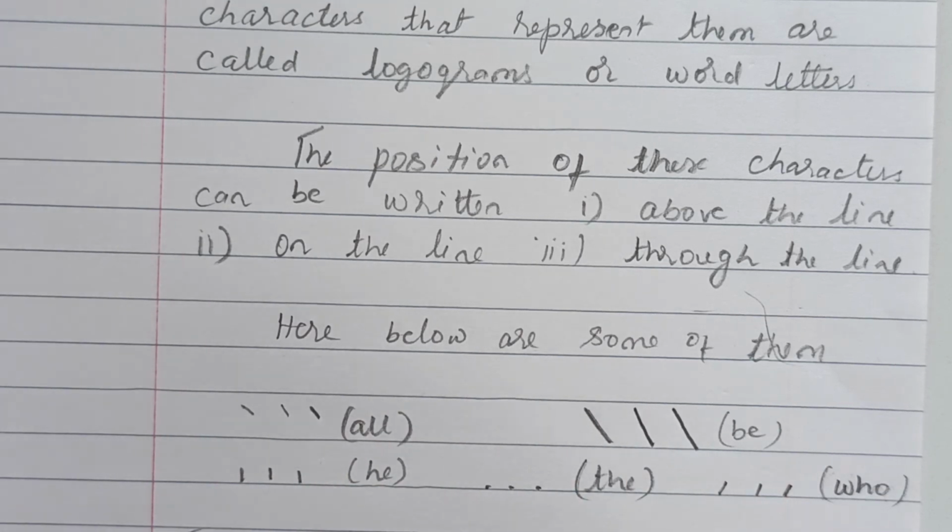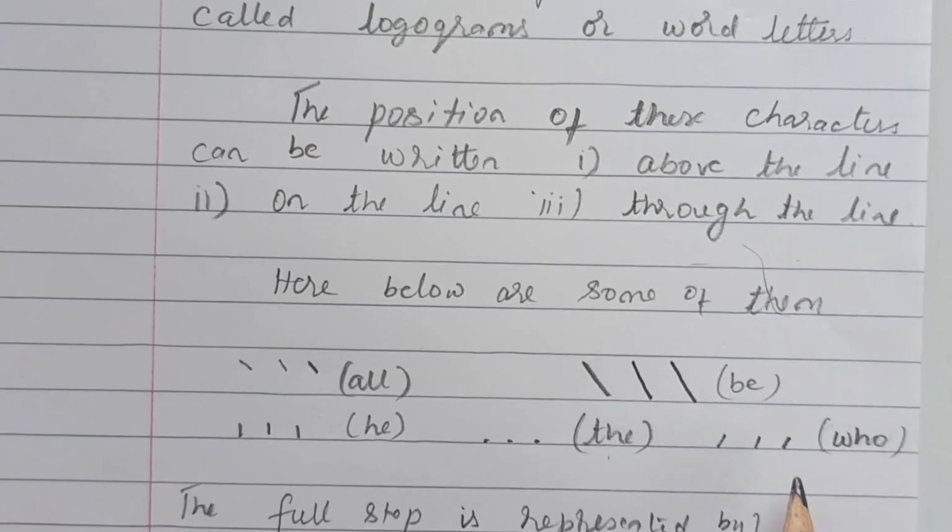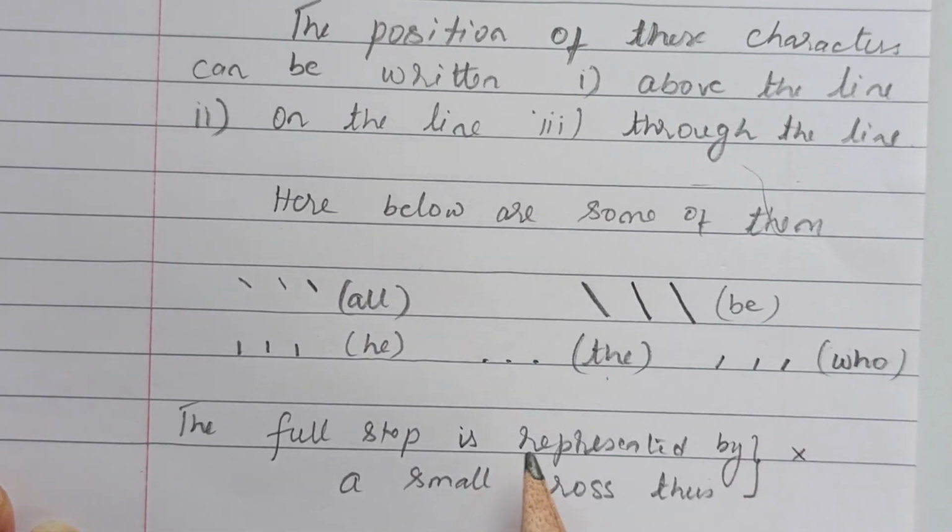And since we have written full stop for the in shorthand, the full stop is represented by a small cross. If you write a small cross, that represents the full stop.